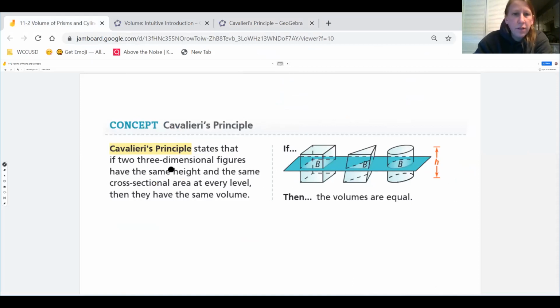He says, if two three-dimensional figures have the same height, the distance between the bases, and they have the same cross-sectional area at every level, then they have the same volume. Even if the shapes are all different, they're all going to have the same volume. Kind of interesting.